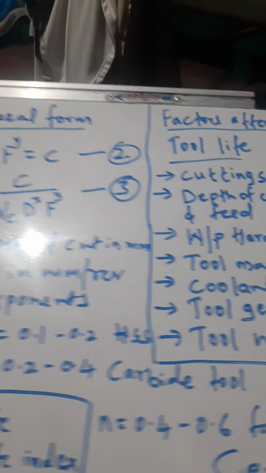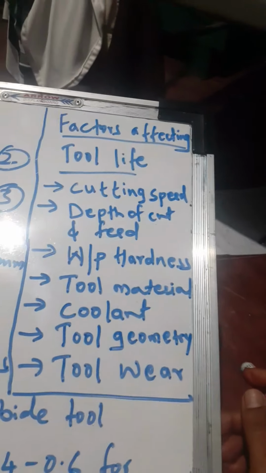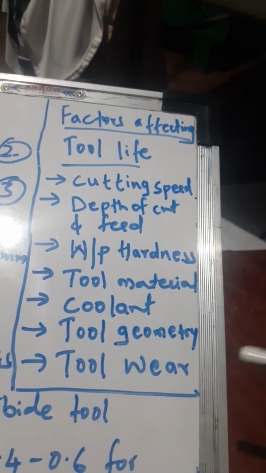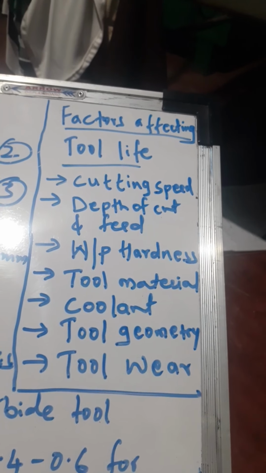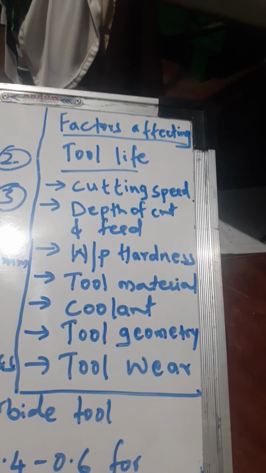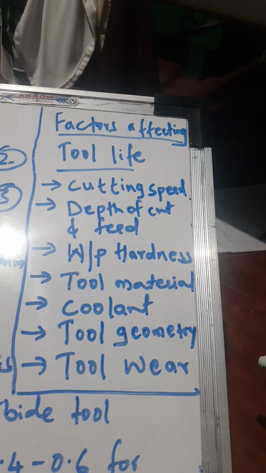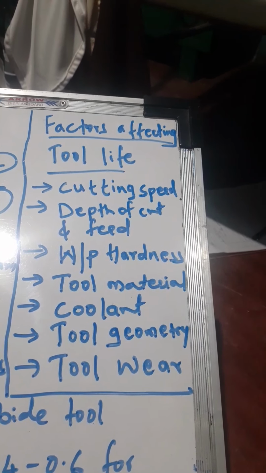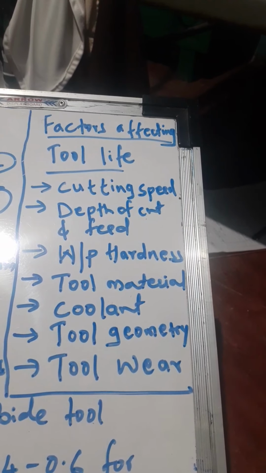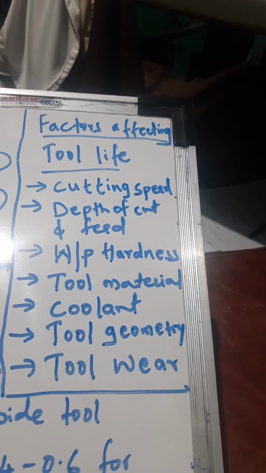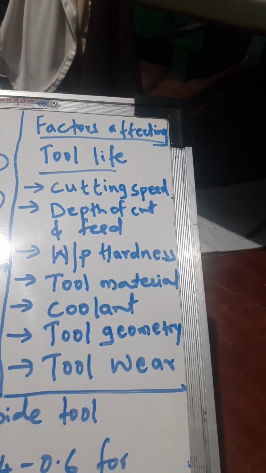Now let us discuss the factors which affect the tool life. The first factor is the cutting speed. When you increase the cutting speed, you are increasing the load on the tool, so the friction will be more, the heat generation will be more, and the temperature buildup in the tool and in the chip will be more.